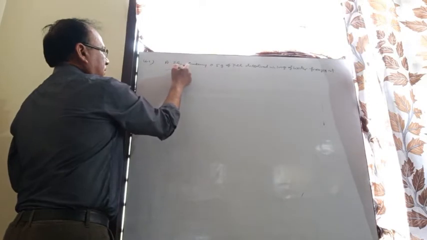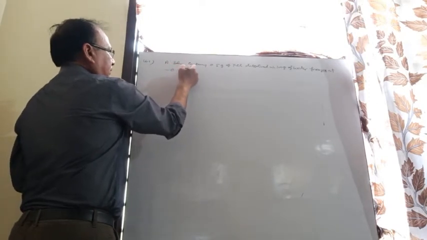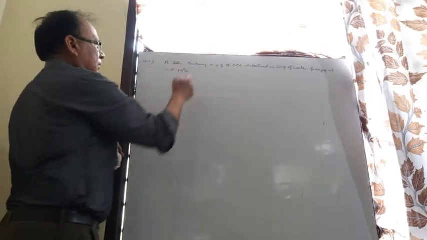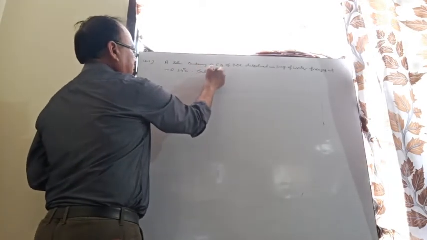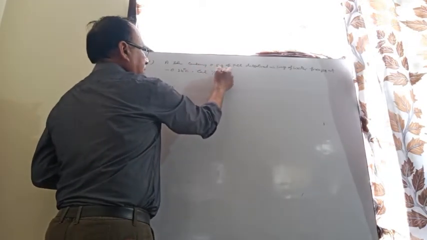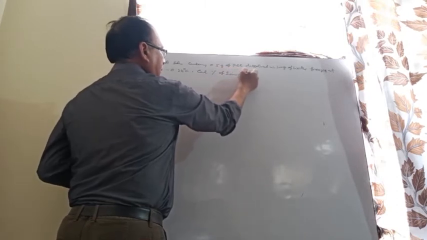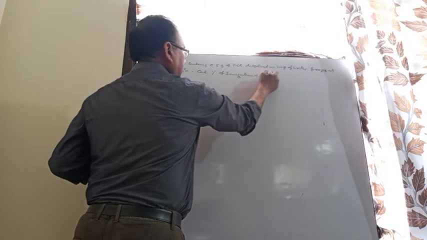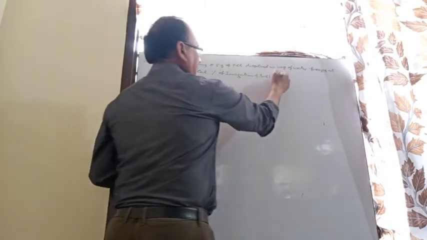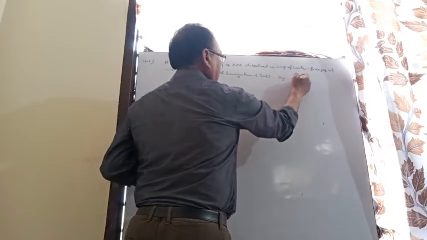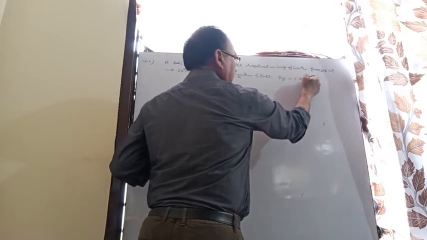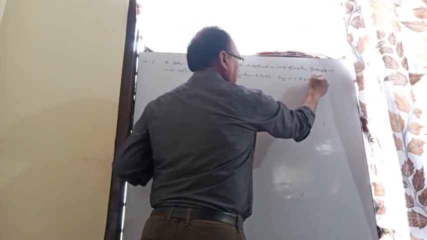Calculate the percentage ionization of the salt. Kf for water is 1.86 Kelvin per mole.